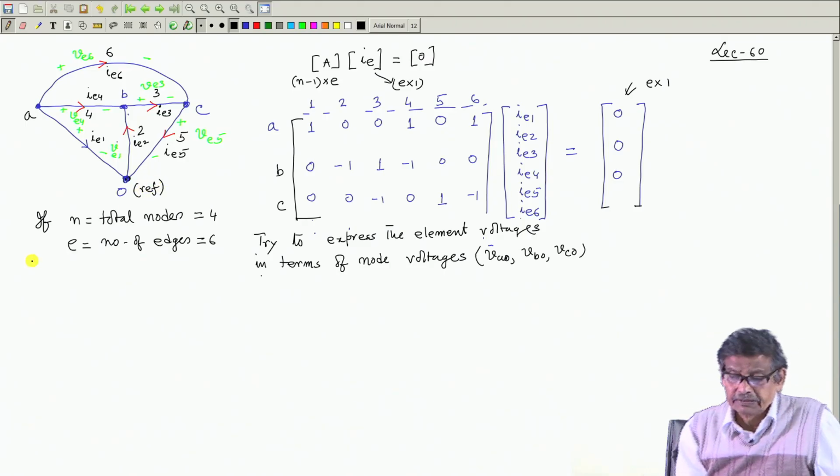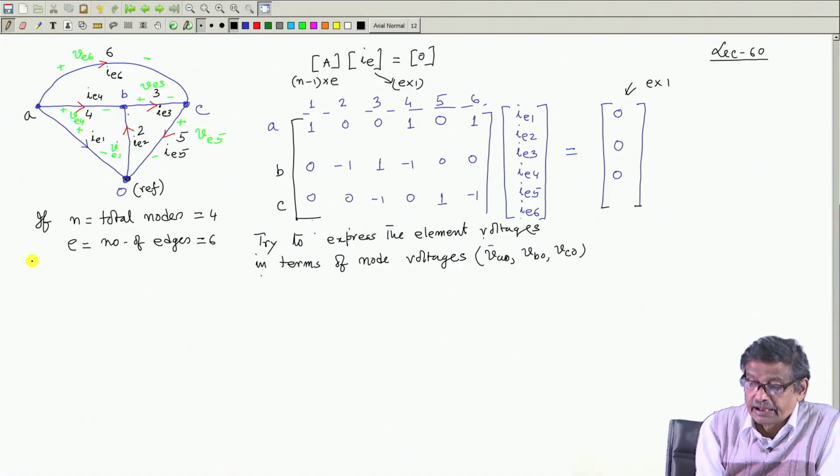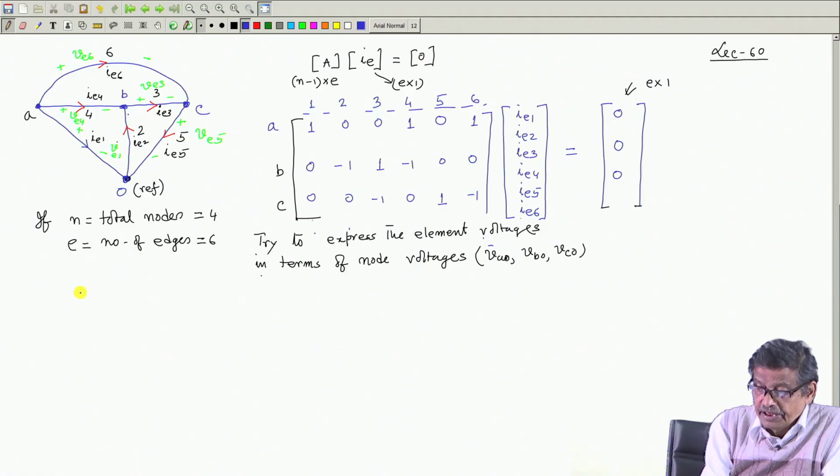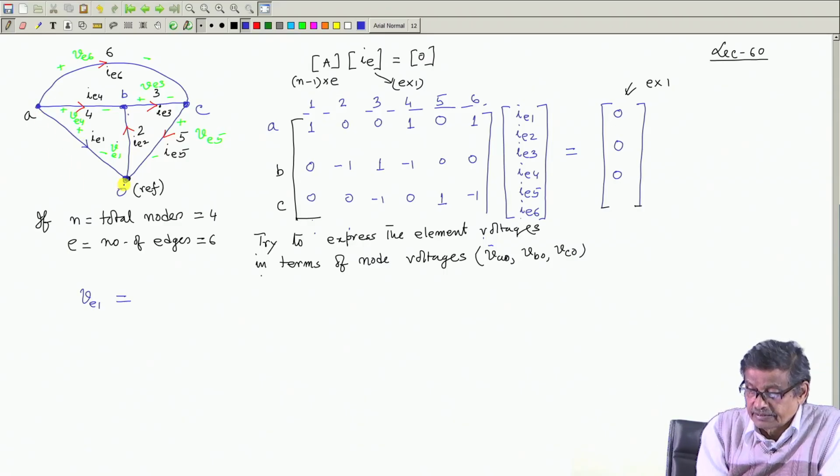So, it can very easily be seen that V E 1, this element voltage, this is plus, this is minus, is equal to V A 0.